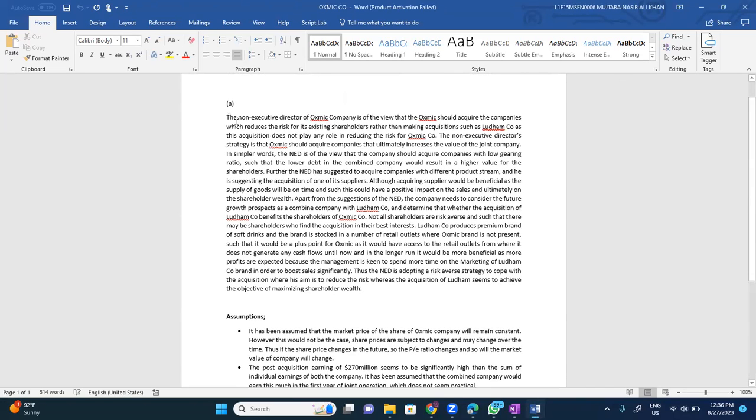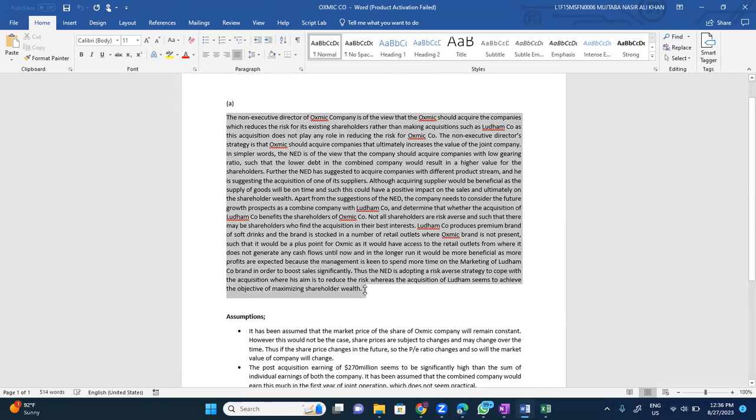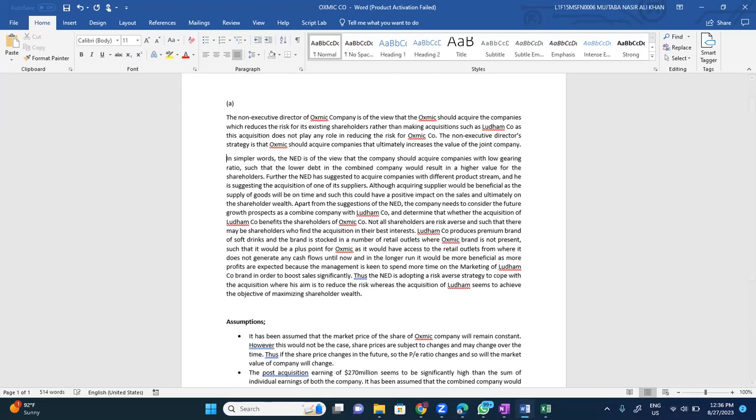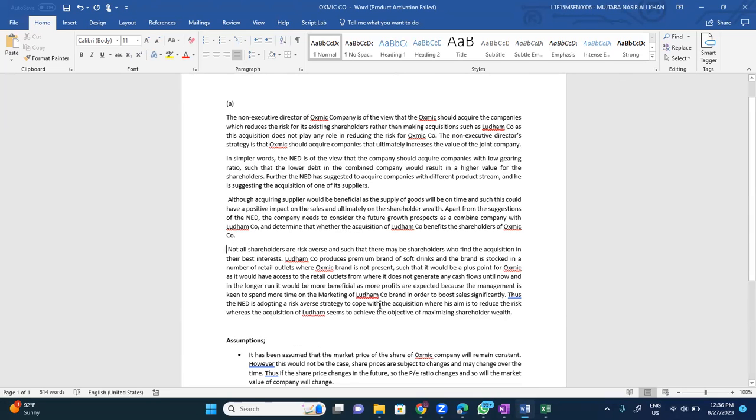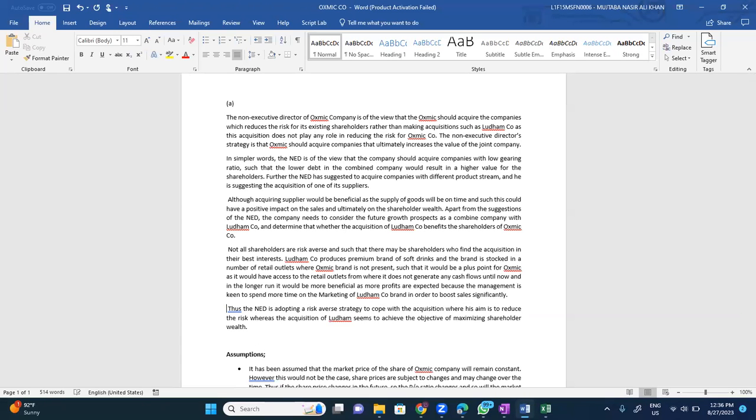I'm not naming the student. Do not write even in this way. Make small paragraphs. Make small paragraphs. Make small paragraphs. Like it is now, it is more readable compared to the last one.